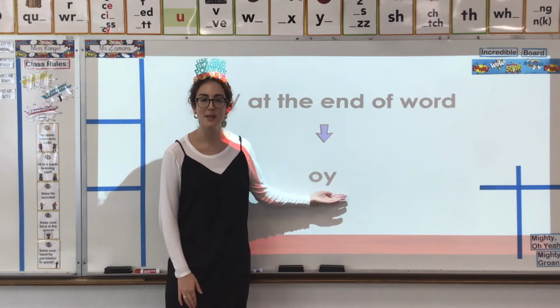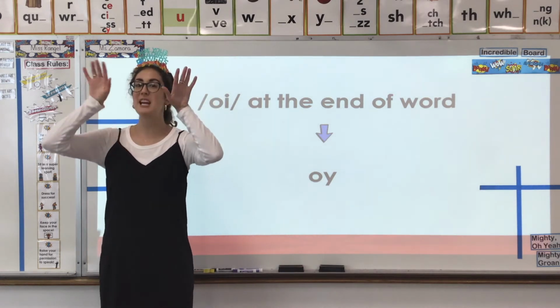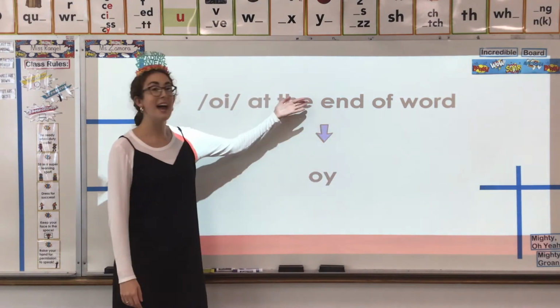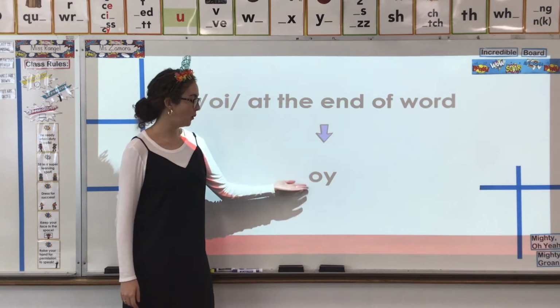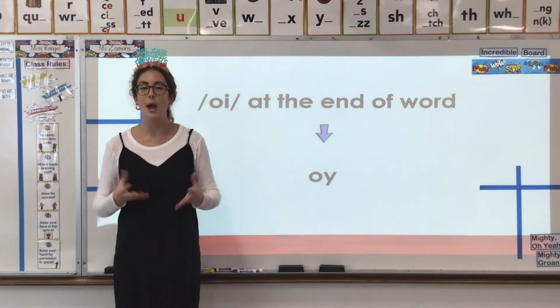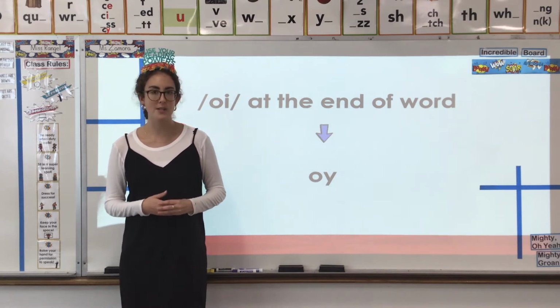So before, in the middle of a word, when we hear oi, it's O-I. But at the end of a word, we spell oi with O-Y. So they're pretty close, but we use them in totally different parts of the words.